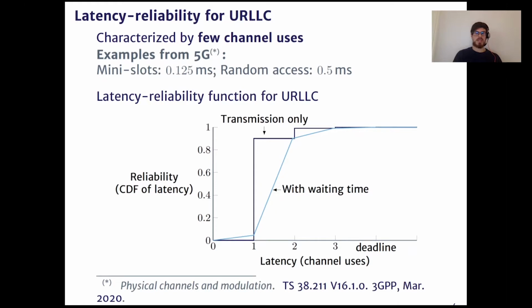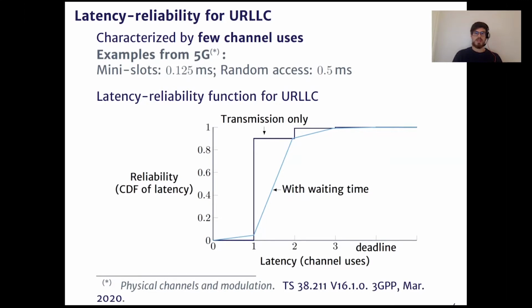The random access in the new standardization has been reduced to 0.5 milliseconds, so you have one access opportunity per physical resource block, so 2 per slot, that subframe that we know before. And we have this milliseconds or few milliseconds deadline.